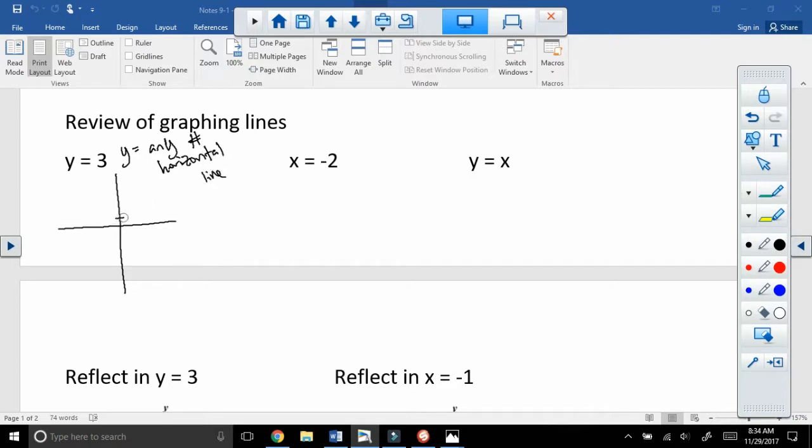So the line y equals 3, you would go to 3, and then you would draw the horizontal line through where y equals 3. So that would be the horizontal line that you'd be reflecting in. If you ever have x equals some number, this is going to always be a vertical line.